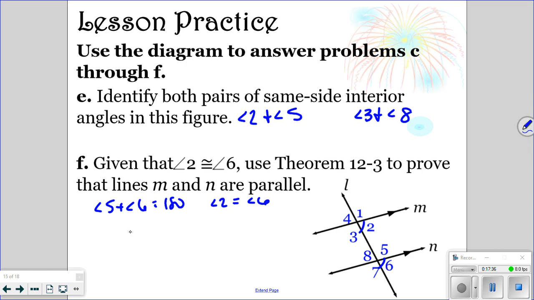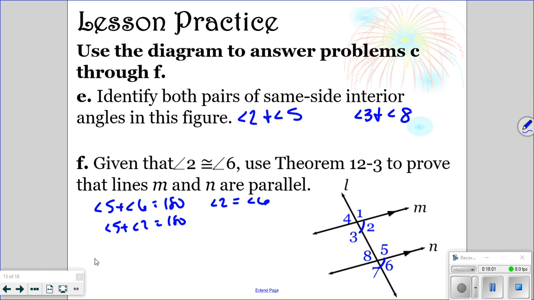You can plug in here to make angle 5 plus angle 2 equal 180. And so angle 2 and angle 5 are same side interior angles, and they are supplementary. So since we have supplementary same side interior angles, by theorem 12.3, lines M and N have to be parallel.